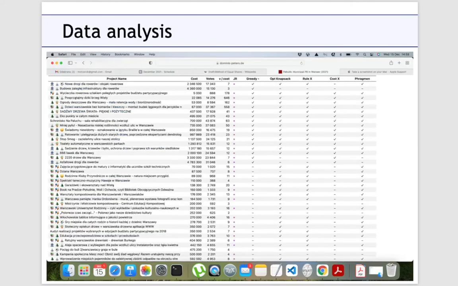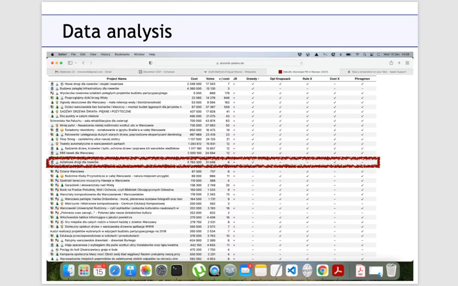Let me now conclude by showing a concrete example that illustrates the difference between the method of equal shares and the greedy method. That is the method that is currently used by most of the cities. This example comes from Warsaw from 2020. I am aware that here the font is very small and that the names of the projects are in Polish, so I do not want you to read this slide carefully, but I will tell you the most important differences.